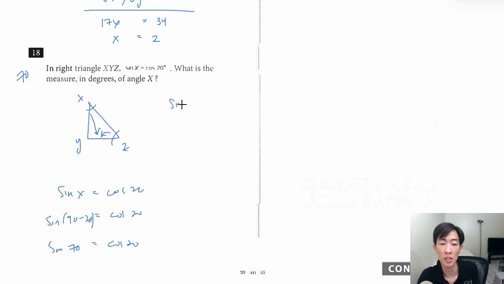So that's why sine and cosine are called cofunctions, because the co stands for complementary. Likewise, the same thing. The sine of z is equal to the cosine of x, because the side that's opposite z is the same as the side that's adjacent to x.